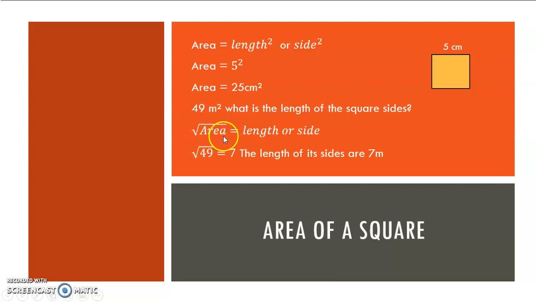So you find the square root of your area to find the side length. So the square root of 49 will be equal to 7. And that will be 7 meters, since my measuring unit was meters when I started. As you can see, the square falls away because I'm now just dealing with the side length and not with the area inside.